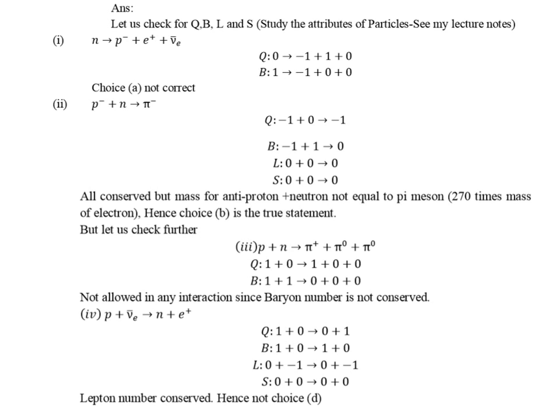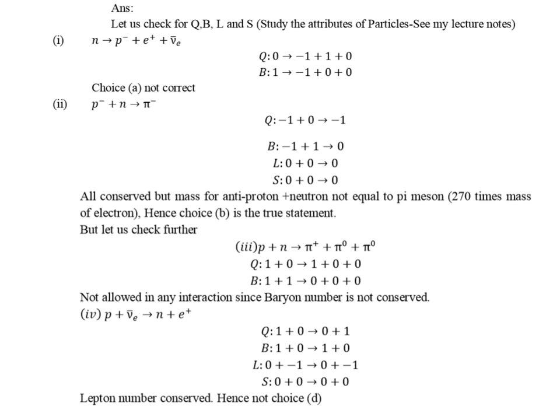Now for the second reaction, we can see antiproton plus neutron gives pi minus. Here charge is conserved, baryon number is conserved, lepton number is conserved, and strangeness is also conserved. But we know that the proton, antiproton as well as neutron have a very large mass compared to pi mesons.